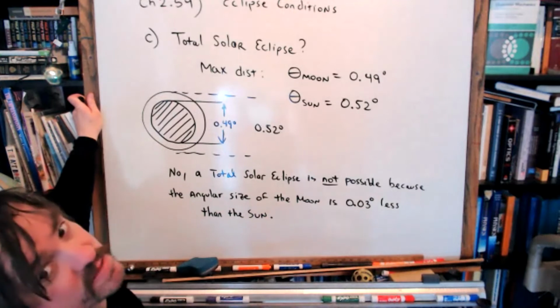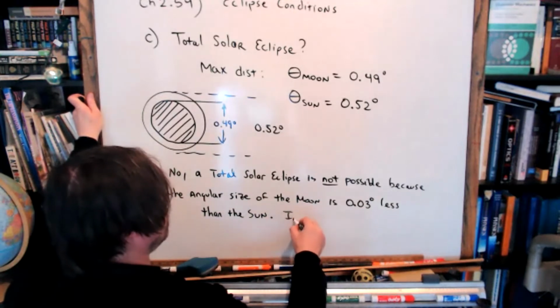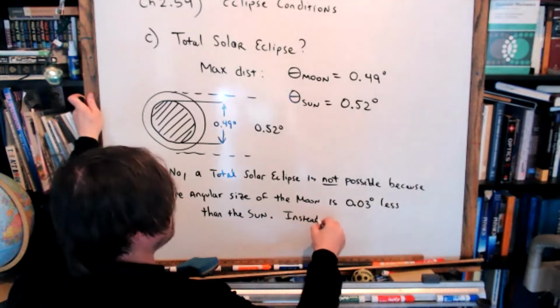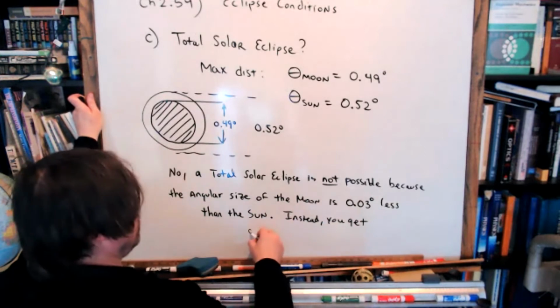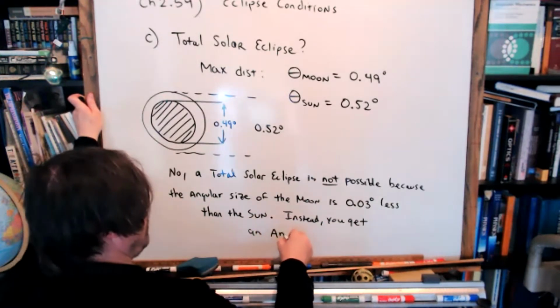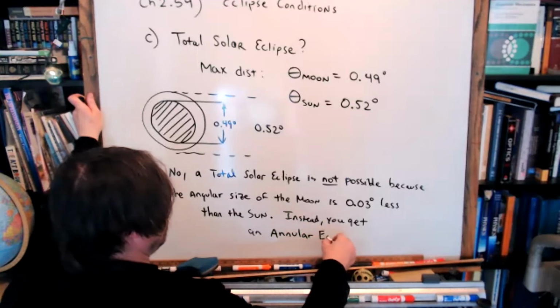And we'll add a bonus bit here. Sabrina pointed out, instead you get an annular eclipse.